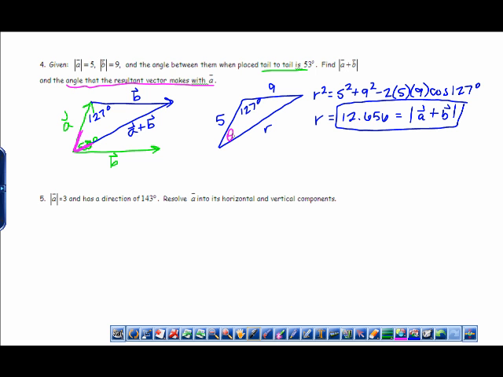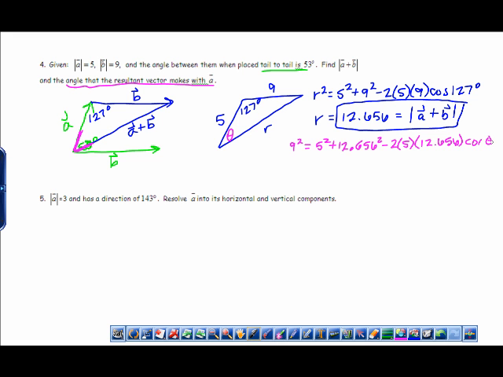Now you have a couple different options here. If you use law of cosines, which I think most of you would, you need to set it up as 9 squared equals 5 squared plus R squared, and R here now we know is 12.656 squared minus 2 times 5 times 12.656 cosine of theta, and then you need to solve for theta.